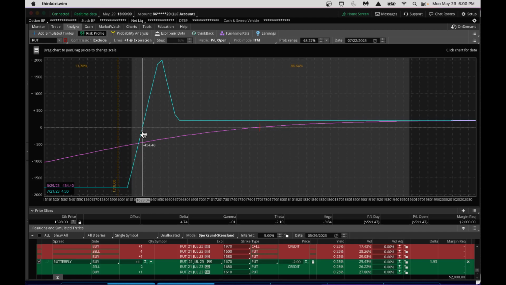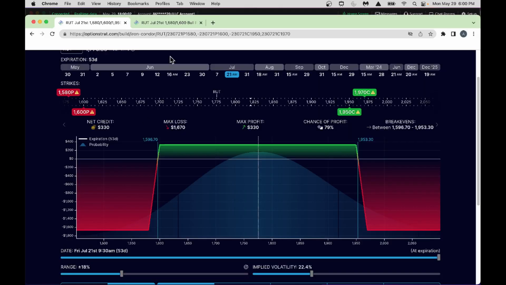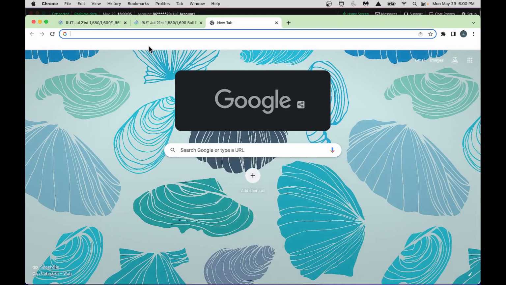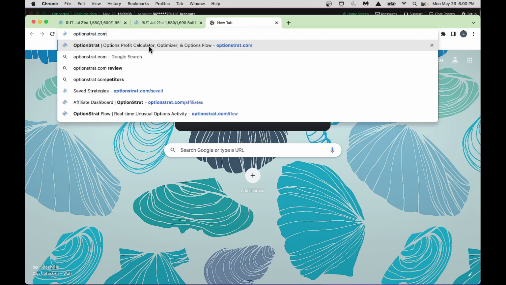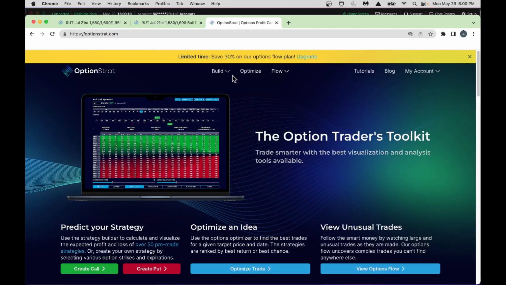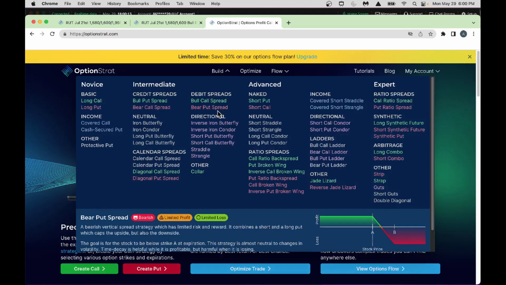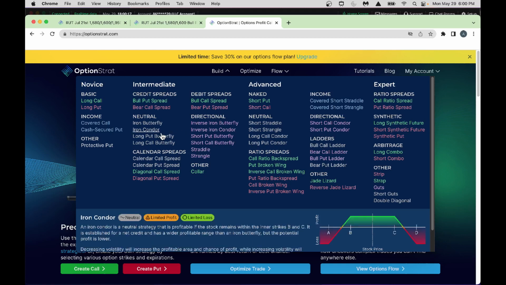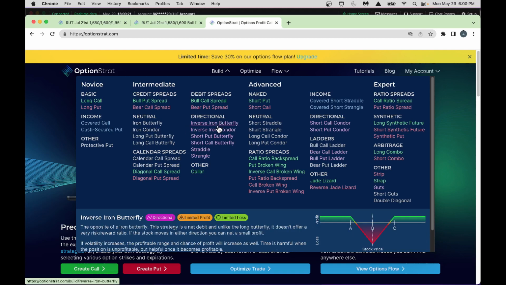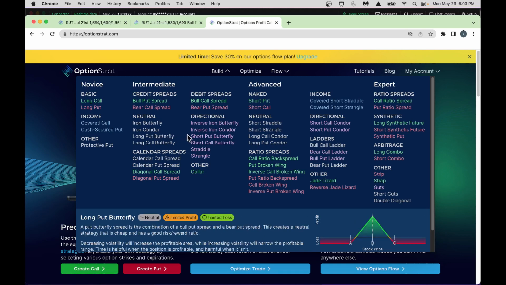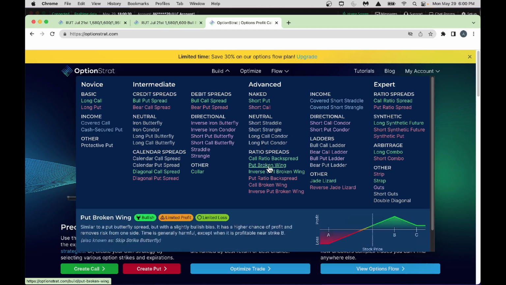And what we'll do is we'll take this to the optionstrat platform here and create the butterfly. Let's go here and I will say optionstrat.com, and let's create a butterfly here. All right, let's do butterfly and go from there. All right, let's do a broken wing put.